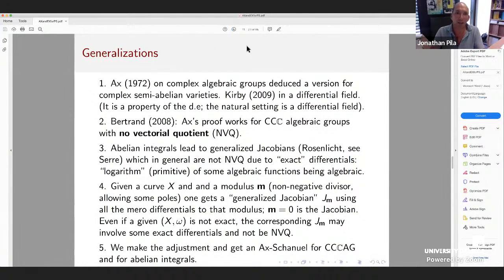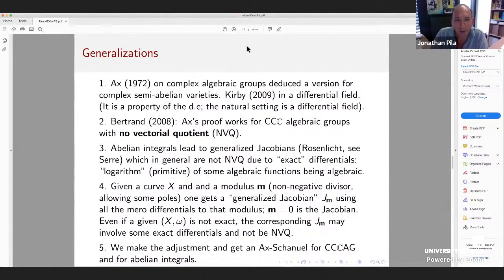Some generalizations: Ax in 1972 gave a second proof of his theorem in the setting of complex algebraic groups, from which you can deduce a version for complex semi-abelian varieties. Kirby in 2009 gave a version of Ax's 1971 differential field proof of the exponential case in the semi-abelian setting.